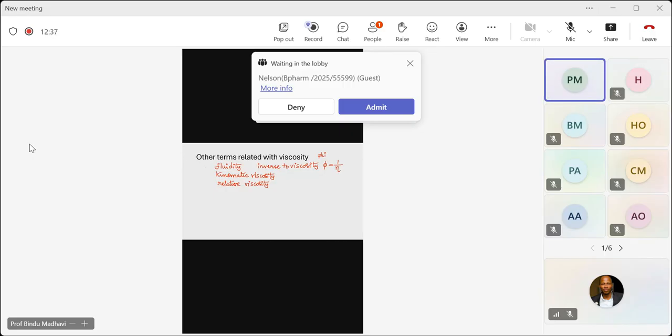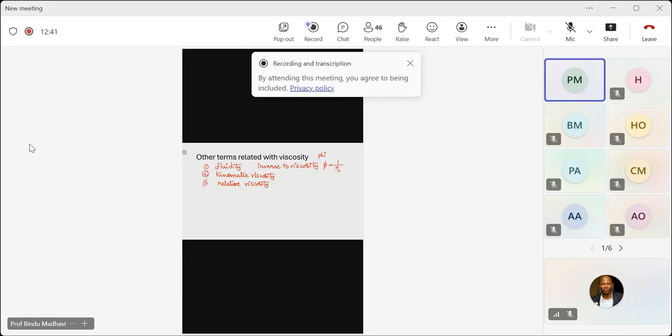The second term is kinematic viscosity, which indicates viscosity of the fluid divided by density of the fluid. Viscosity when compared with the density of the fluid is called kinematic viscosity.